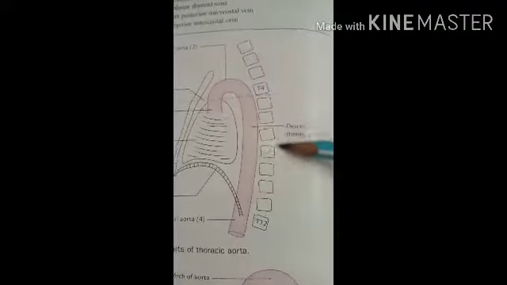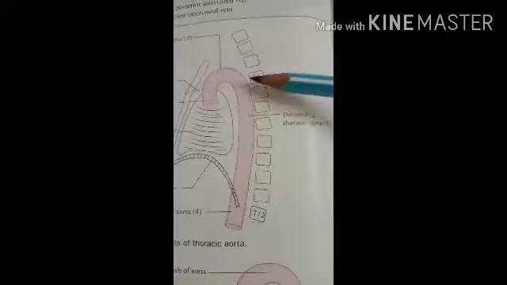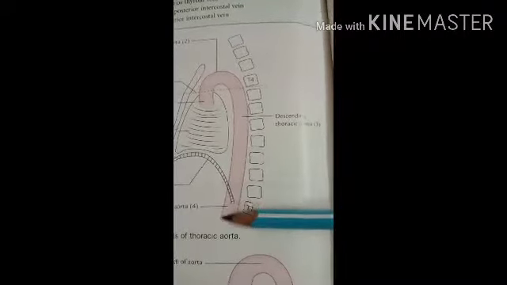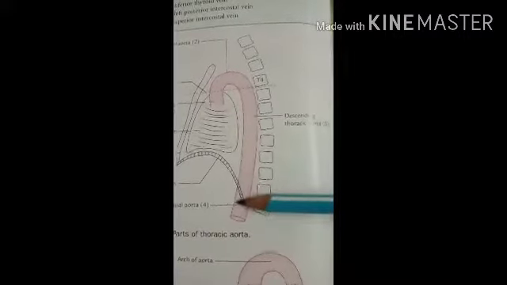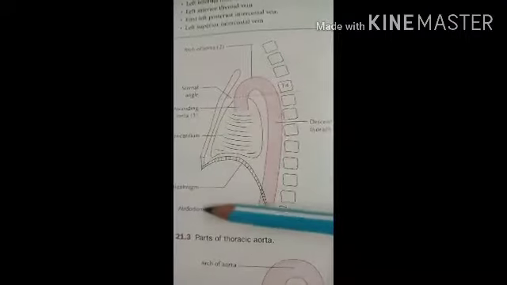So here in this diagram you can see the aorta. The aorta is a great arterial trunk which receives the oxygenated blood from the left ventricle, and it distributes this oxygenated blood to all parts of the body. The aorta is divided into the ascending aorta, then the arch of the aorta, then the descending thoracic aorta, and as it enters into the abdomen, passing through the diaphragm, it is named the abdominal aorta.